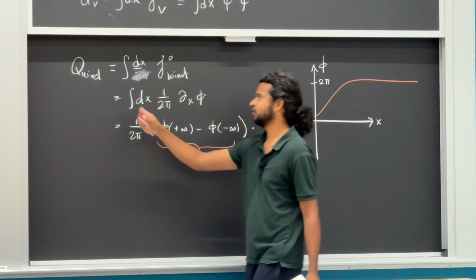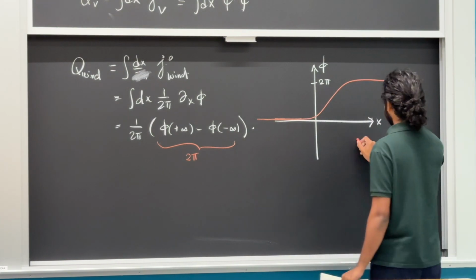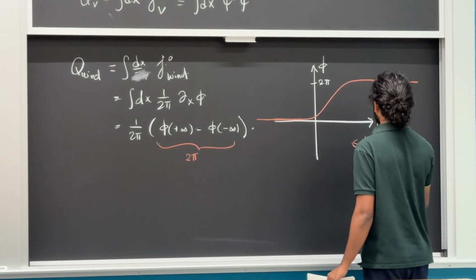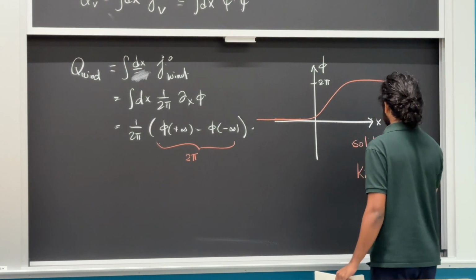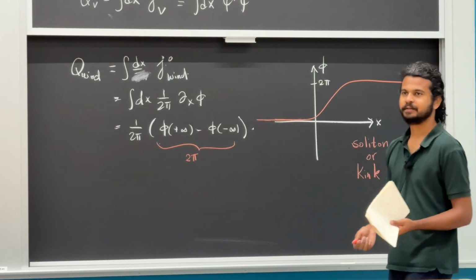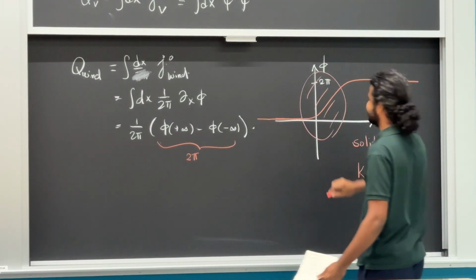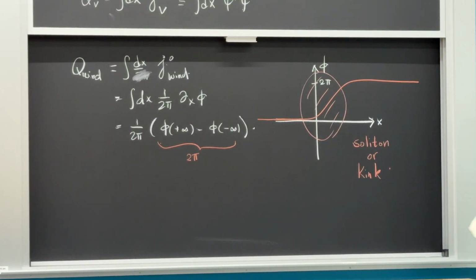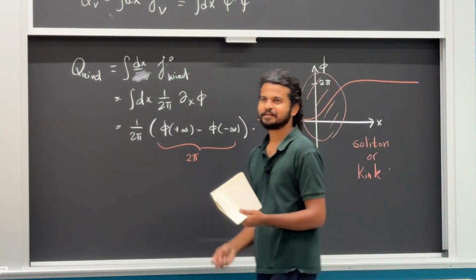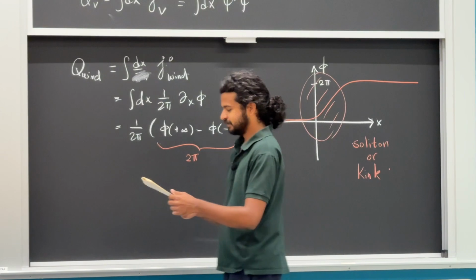This configuration has Q wind equal to 1, and this is called a soliton or a kink. Well, it can do whatever it wants in the middle, right? Yeah, it can do whatever it wants. But it turns out that if you exactly solve it, that's the solution, which I will skip.